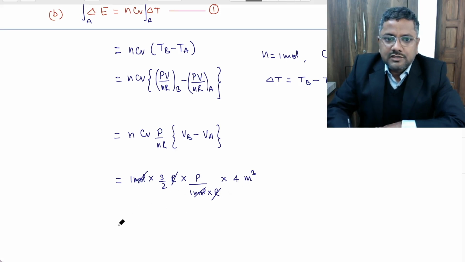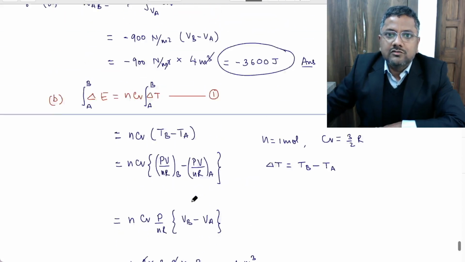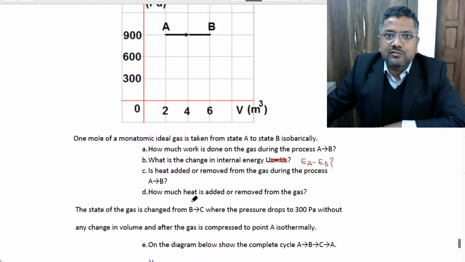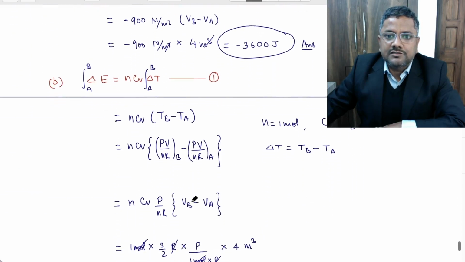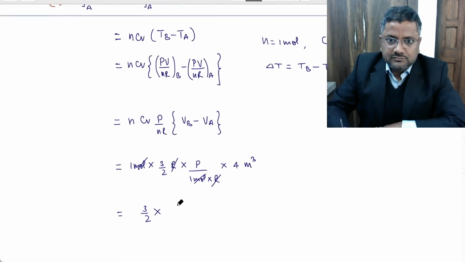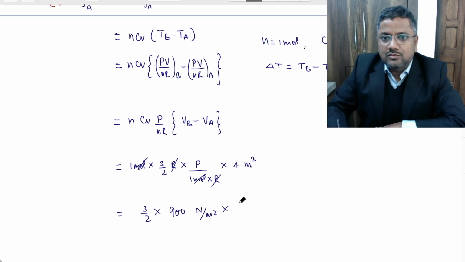So this is equal to 3/2 into P. What is the pressure at this point? That is 900 Newton per meter square, into 4 meter cube.